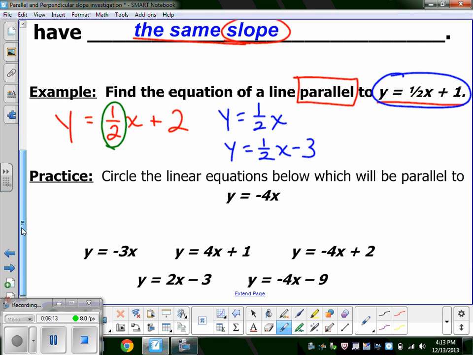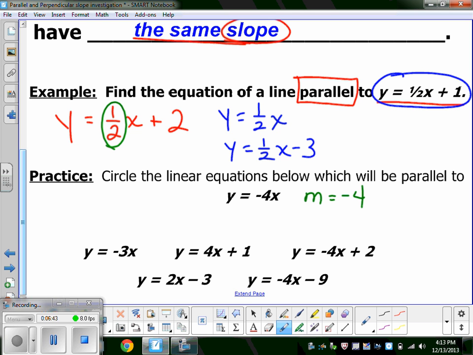Pause the video and circle all of the linear equations that will be parallel to the line y equals -4x. Pay close attention to what our slope is for this particular linear equation. For this one, our slope would be -4.